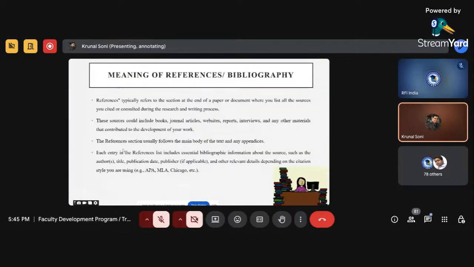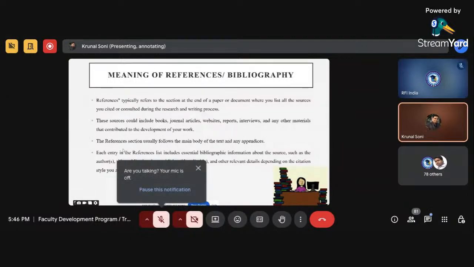The year and date in which the publication has been published, the publisher name, and all the relevant information, which could be part of the references, such as page numbers, right? Or any other things as per the style of references that you are going to use as part of your research paper. Let's say somebody might use APA style of references, somebody might use MLA, somebody might use Chicago, right? So depending upon the style of references and bibliography that we are going to use, the details for one point or two points might be very different.